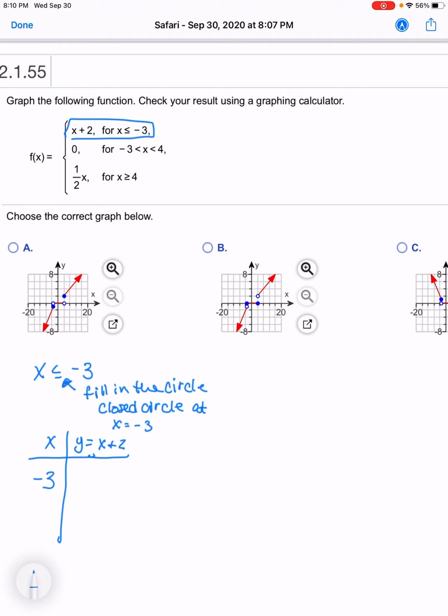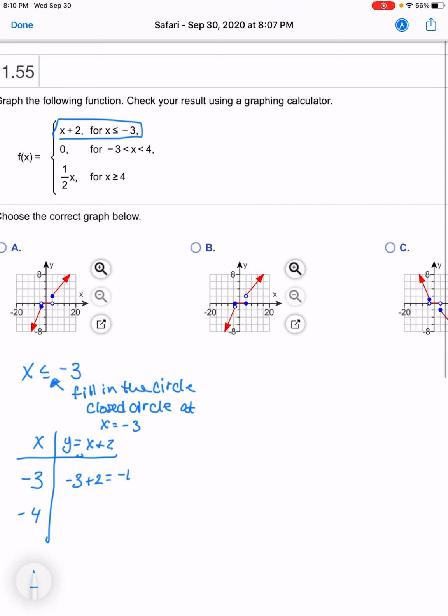So let's perhaps try a -4. When x is -3, -3 plus 2 is going to be -1. For x equals -4, we get -4 plus 2 is -2.